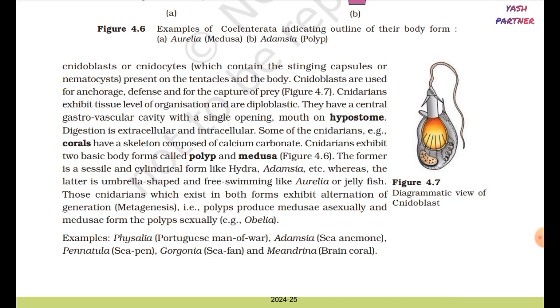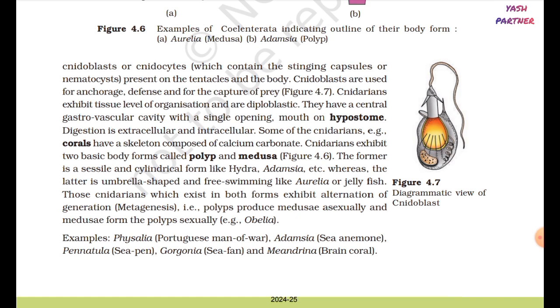Cnidarians exhibit two basic body forms called polyp and medusa. Figure 4.6. The former is a sessile and cylindrical form like Hydra, Adamsia, etc., whereas the latter is umbrella shaped and free swimming like Aurelia or jellyfish.